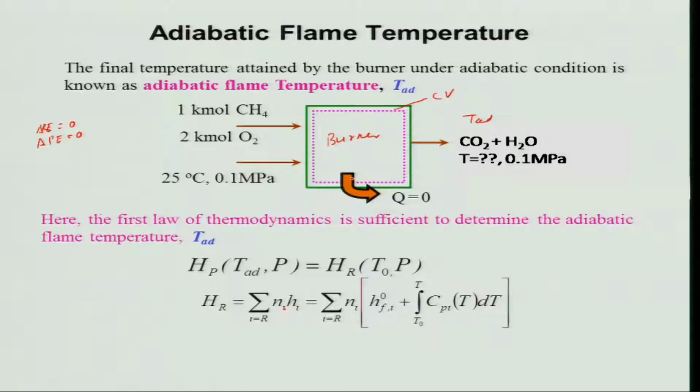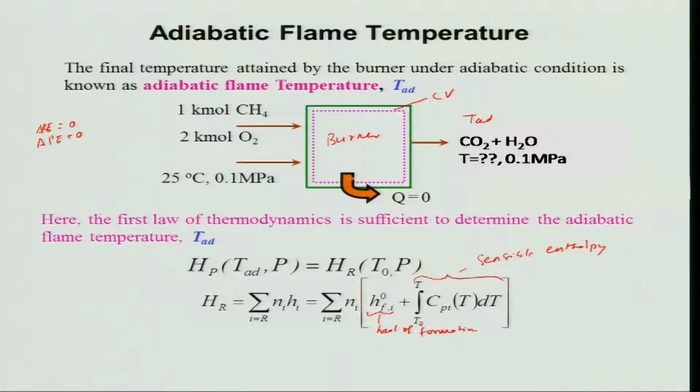Keep in mind that the enthalpy of an individual species will have two components. One is the heat of formation at standard state, and the other portion is known as sensible enthalpy, which we studied in the last lecture.